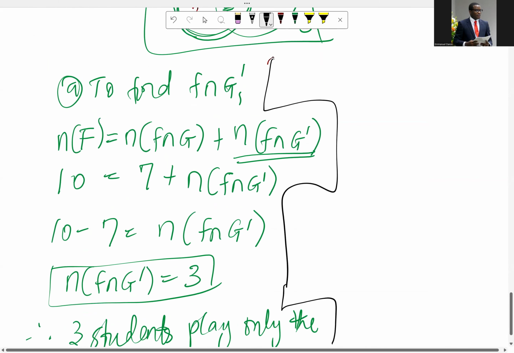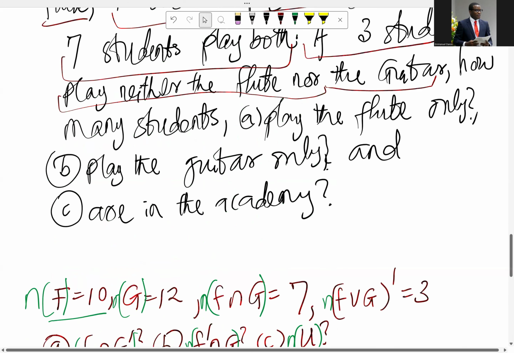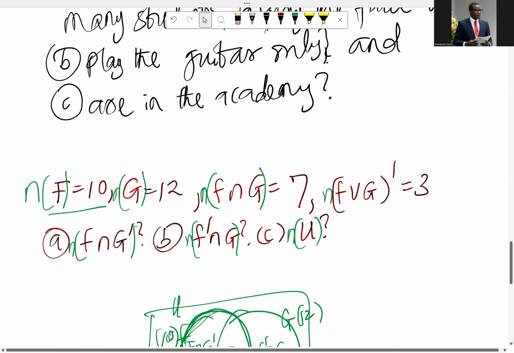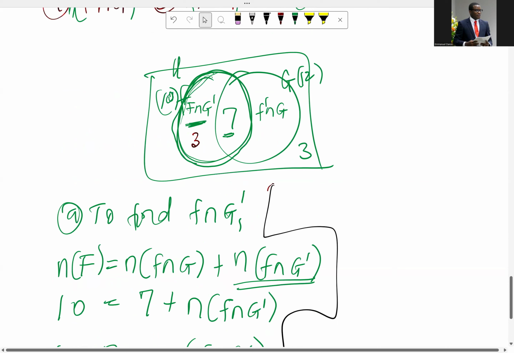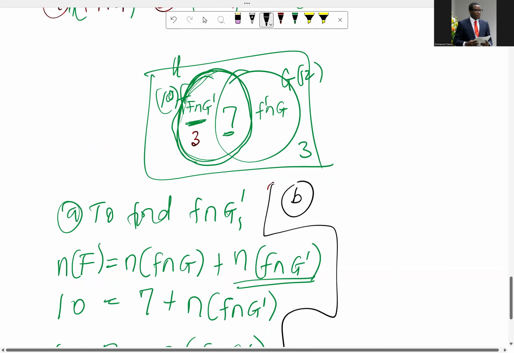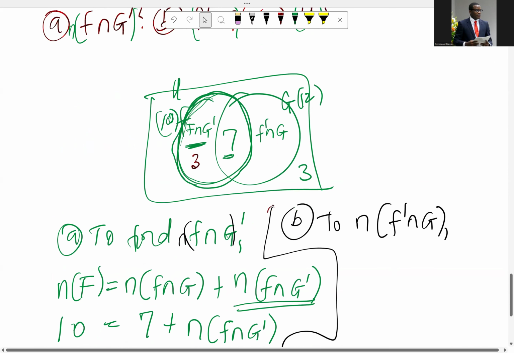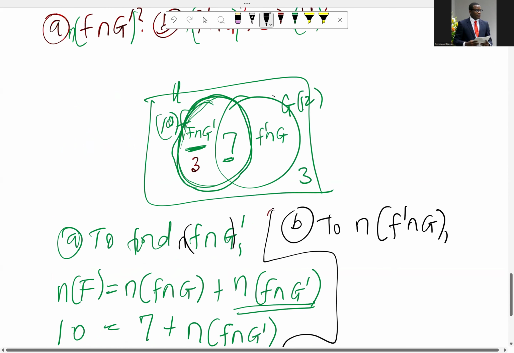So next we need the number of students that play the guitar only. So for B, you have those who play the guitar only. We want to find the cardinality of F prime intersection G, those who play only the guitar. Again, you see this region is guitar.